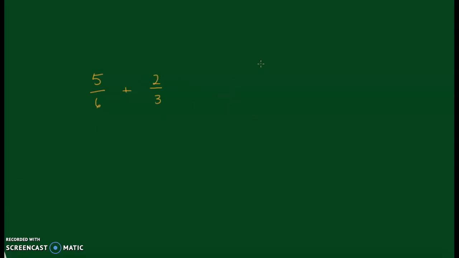I'm going to rewrite this problem vertically because I like to do my fraction problems vertically. And there's a number of strategies that you can use to find a common denominator. I like to start with multiples. So I'm going to start with the multiples of the denominators, 6 and 3.